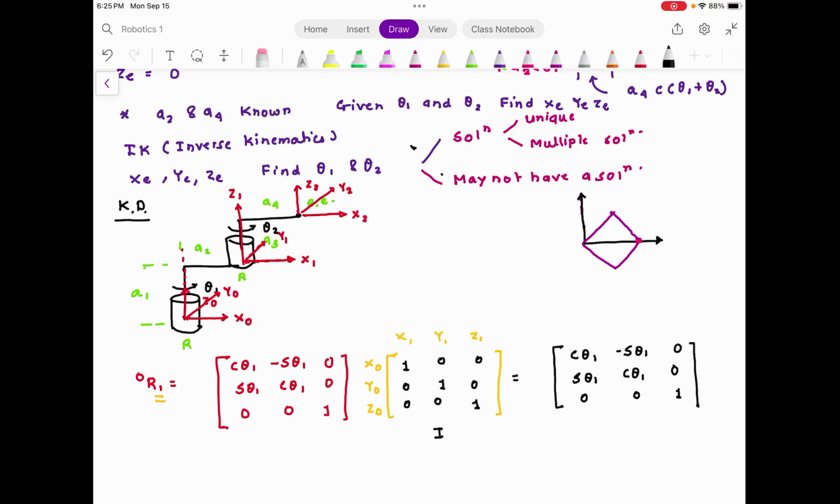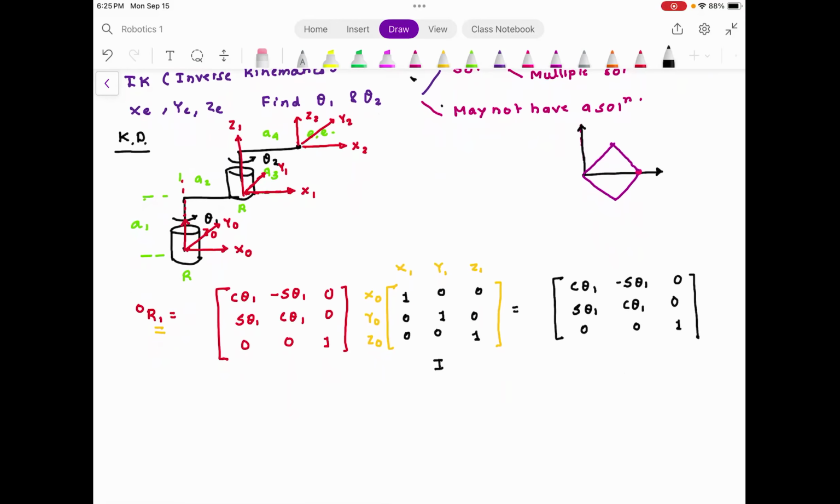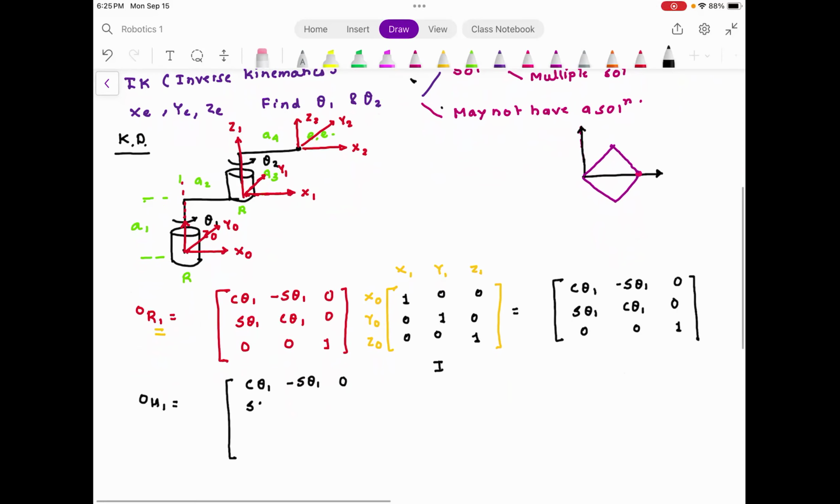You agree with me? Now I need to write the homogeneous transformation. Homogeneous transformation is 0H1. The first 3 by 3 matrix in the homogeneous transformation is cosine theta 1, minus sine theta 1, 0, sine theta 1, cosine theta 1, 0, 0, 0, 1, and then the last row is going to be 0, 0, 0.